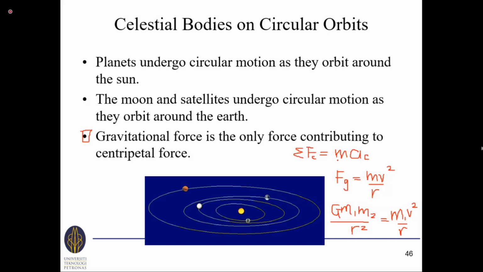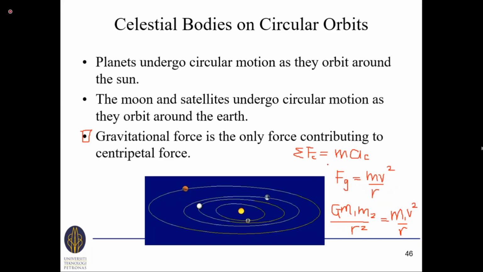So from the equation, see here carefully. I have written this for you, but it's not in good handwriting, but I hope you can see it. Summation of Fc equals mac. This is our general equation, but since only gravitational force is acting on the planets while they are orbiting, we put that Fg equals mv square over r.